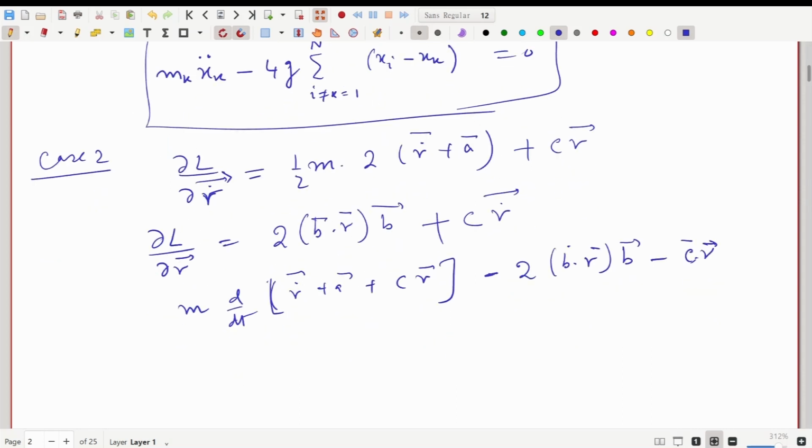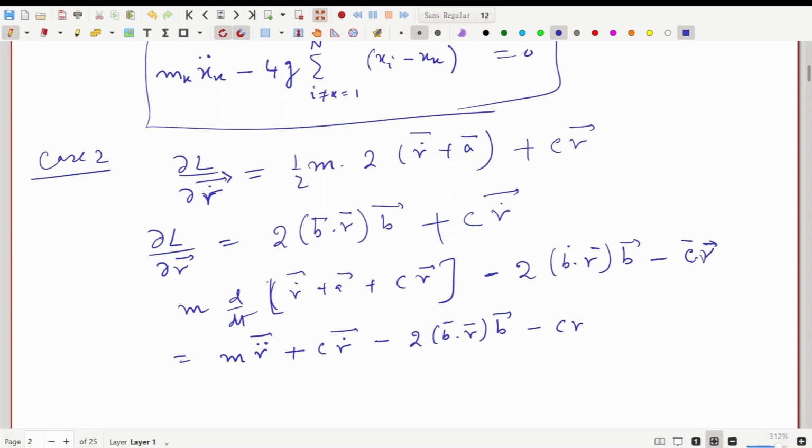Let me simplify for you: m r double dot vector, and a is constant, so when I take a time derivative it will not survive, and then c r vector minus 2 (b dot r) with b vector and minus c dot r vector.